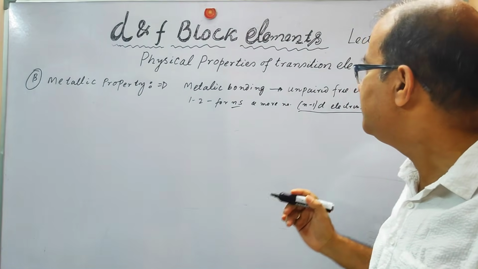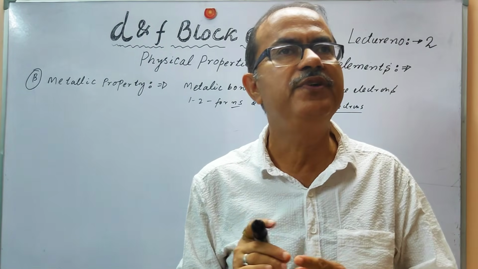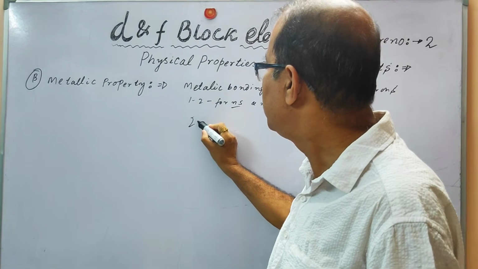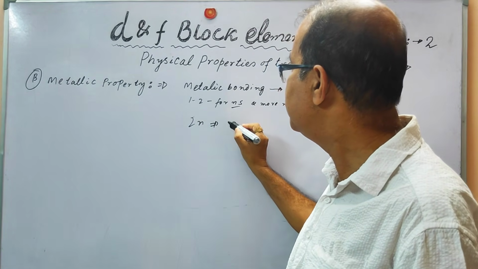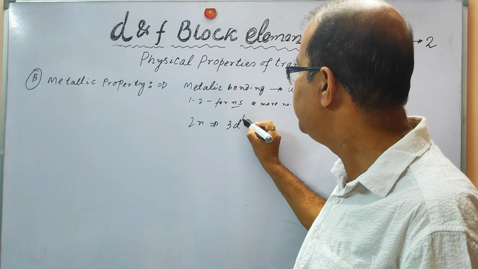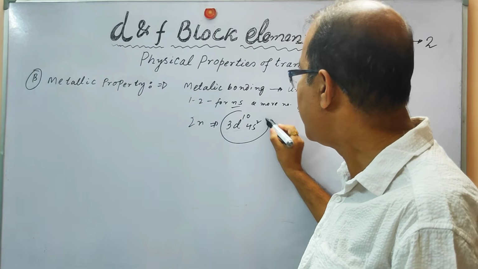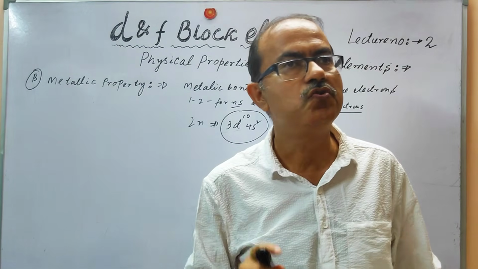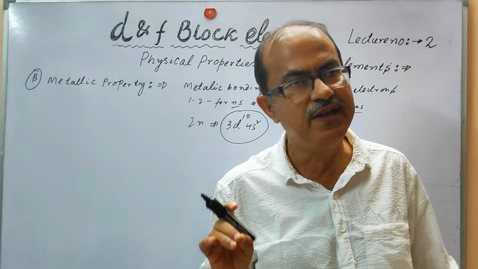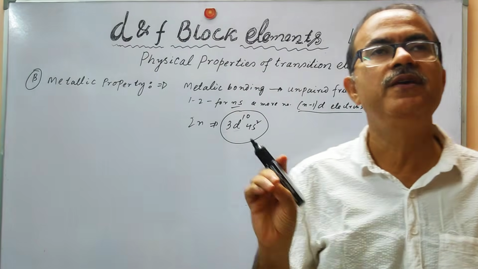Because in zinc there are no unpaired electrons. The electronic configuration of zinc is 3d10 4s2, so there are no unpaired electrons. Unpaired electrons are very essential for making the metallic bonding effective and strong. Here you will find it is weak metallic bonding.